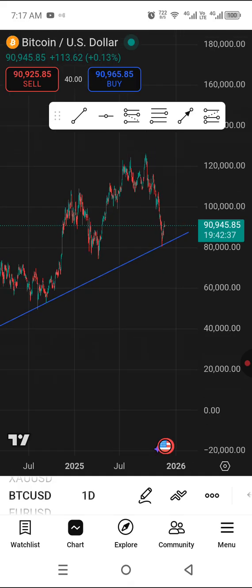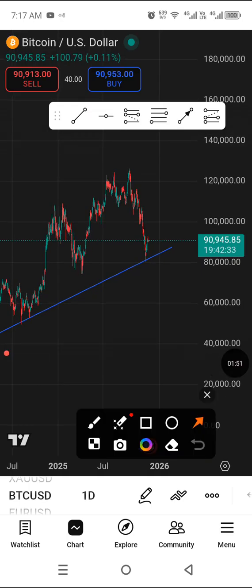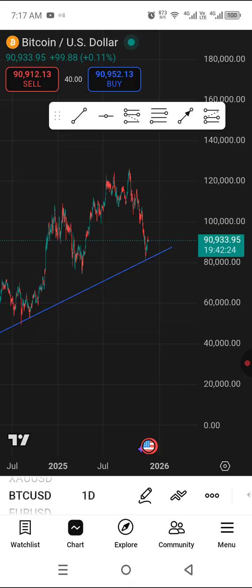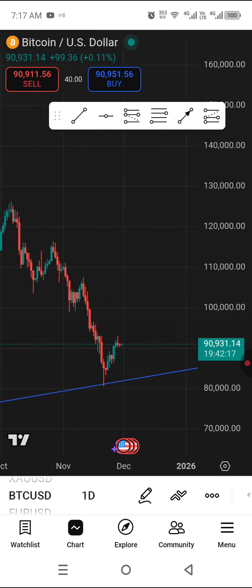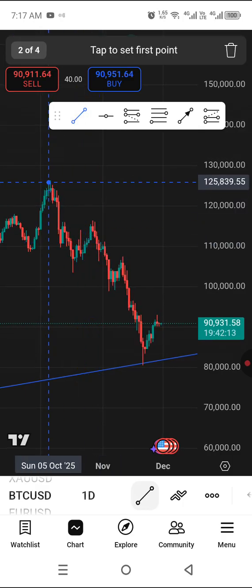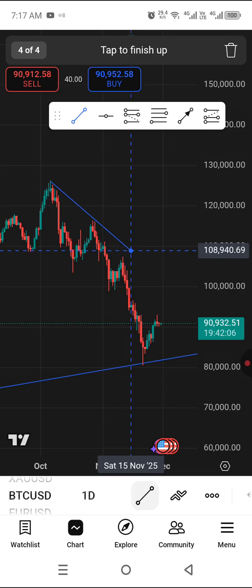Then you can look for another trend line. Since we have drawn the one coming from down like this, we have to also look for another trend line coming this side like that. So we now go to the top part, which is the bearish trend line, and draw as many touch points as possible. I'm going to start by tapping it on the top part, the highest point, and then bringing it to touch as many touch points as possible.